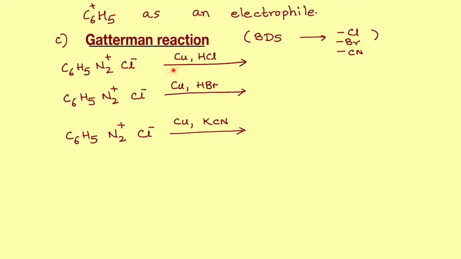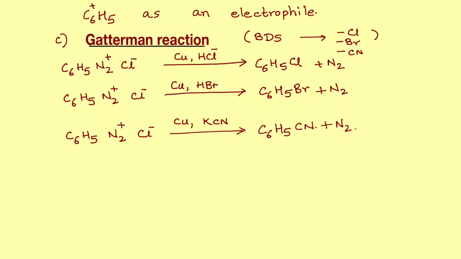So we form the products. What is the nucleophile? Yes, of course, the Cl. So we will have C6H5Cl, C6H5Br, C6H5CN. And of course, nitrogen will be formed as the side product.